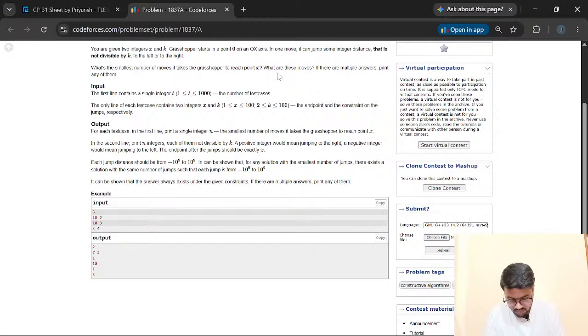Then what we do is we take a smaller number than that. 10 is there, so 10 mod 2 equals 0, right?